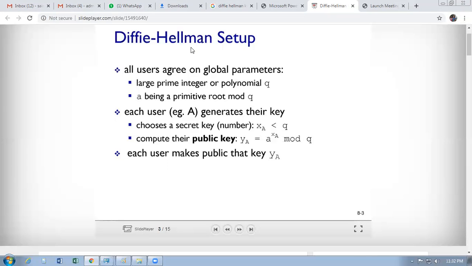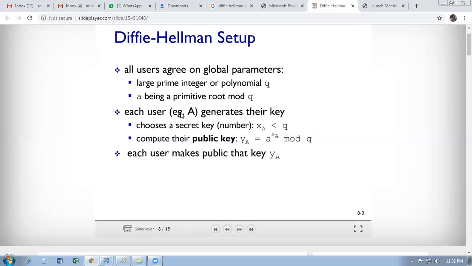So the global parameters are q and a, also referred to as q and alpha. q is a large prime integer and a is a primitive root of that prime integer q.